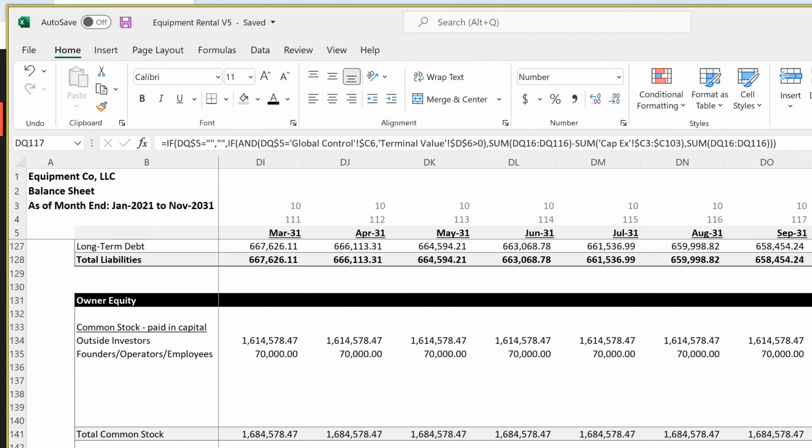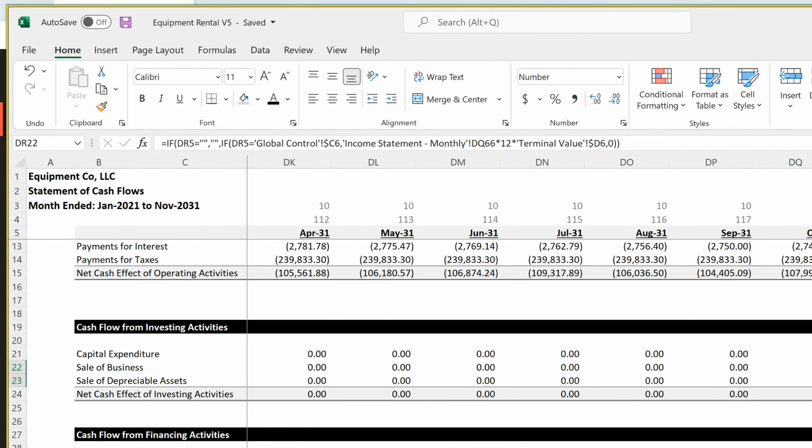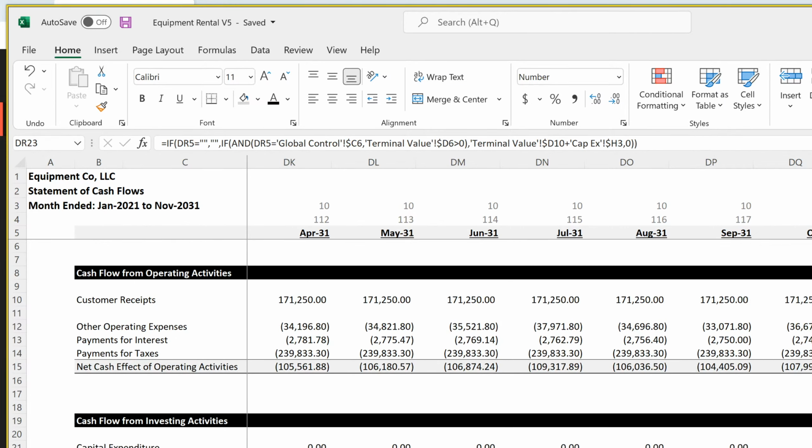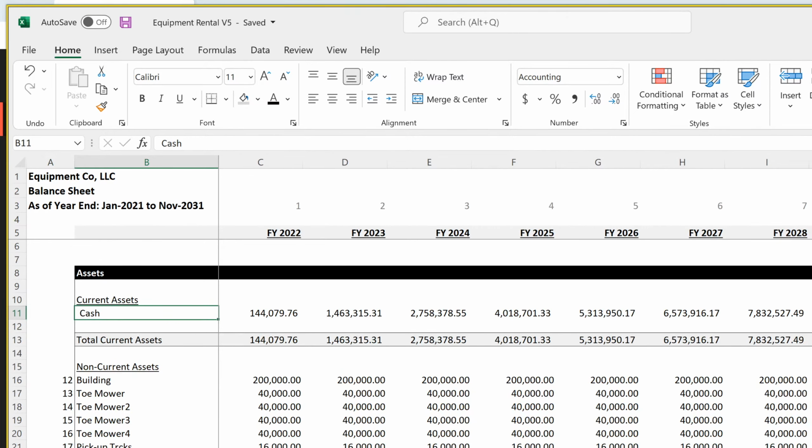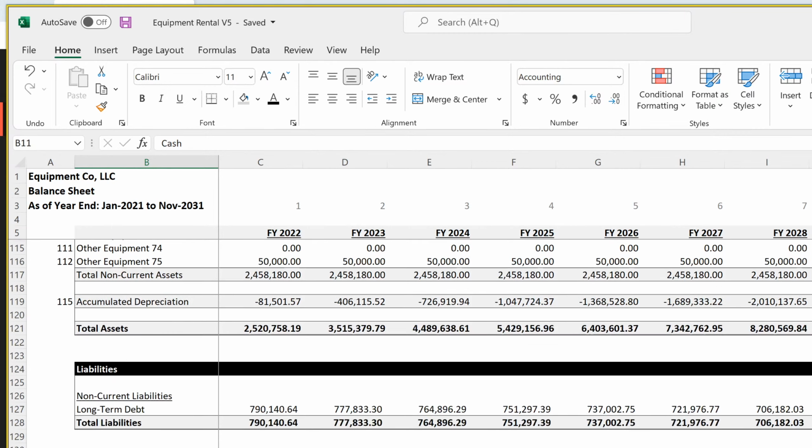So let's look at the cash flow statement monthly. So we got 728, which is the 428 plus the sale of the building. So that's in there fine. See, this is where things get so tricky. So the question is, what do we miss?